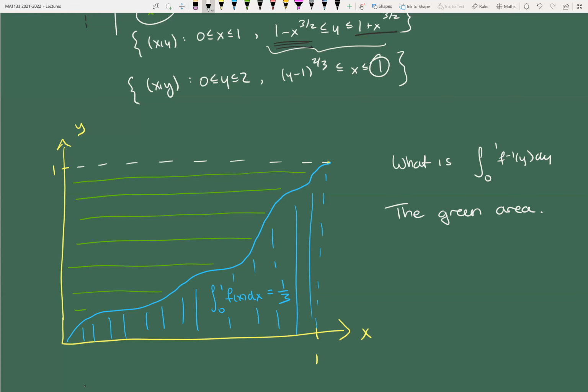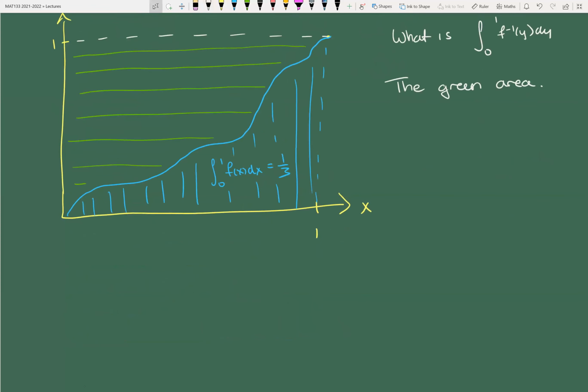Yeah, okay, sure. Let's play around with a couple of examples. Let's be consistent in our color scheme. So we've got x, y, and let's say this is the curve y is equal to x squared.